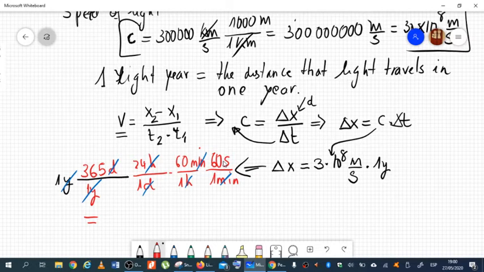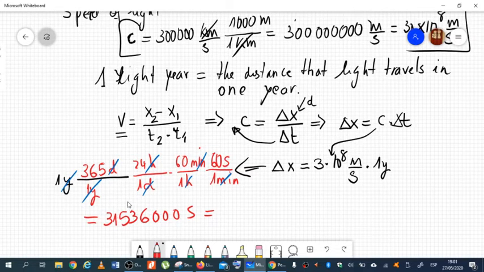So 365 times 24 times 60 times 60 is equal to the number of seconds, but it is much better if we convert this to scientific notation.